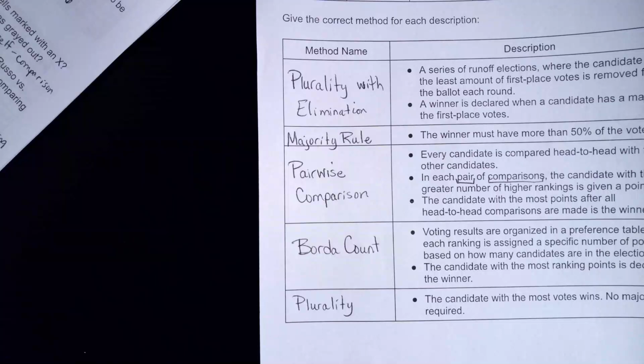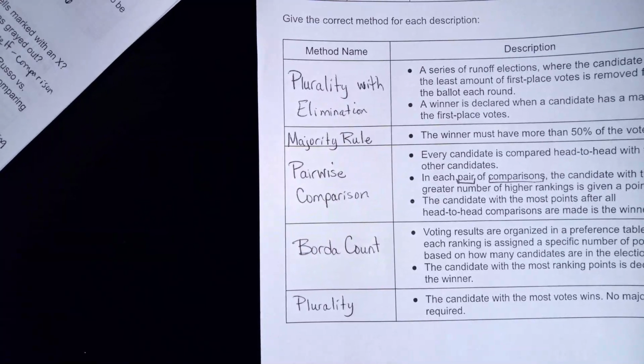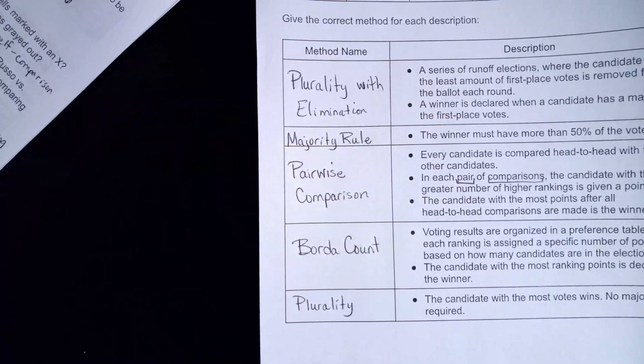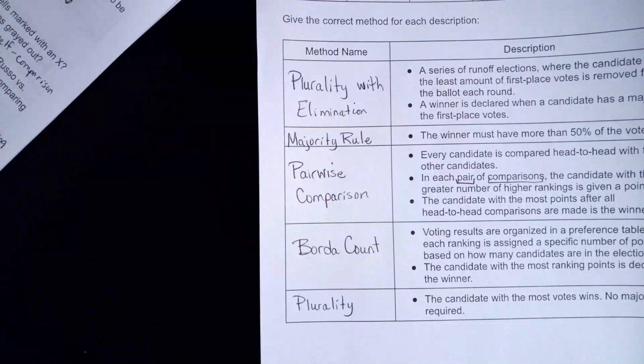Anyway, looking at these methods, what do you think is the most fair? Pairwise? I think Borda count. Okay, so you've probably had a chance within the last 24 hours to play with these, because that's probably when you were scrambling to finish up your 10.1 assignment.